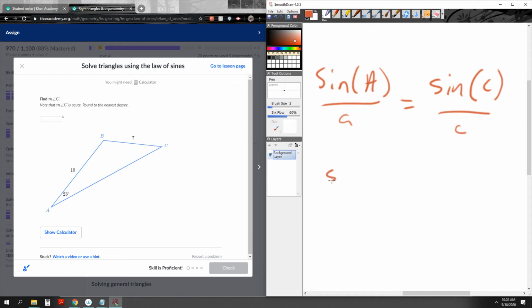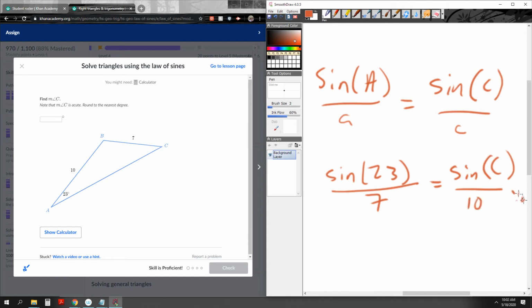So the one we have, the sine of 23 divided by 7, equals the sine of, in this case, big C, divided by the side across from it, which is 10. Multiply both sides by 10. Right? So the sine of big C equals 10 times the sine of 23 over 7.